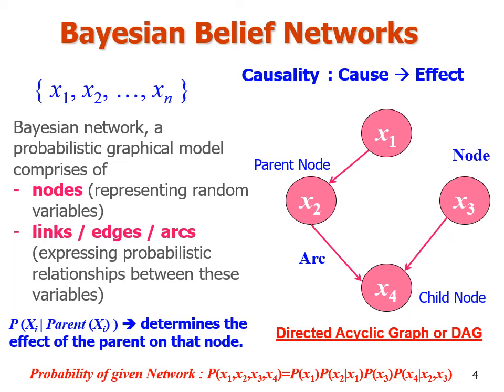Bayesian network is a very important tool in understanding the dependencies among events and assigning probabilities to these events, ascertaining the effect of occurrence of one event given the other. So, let us see one example.